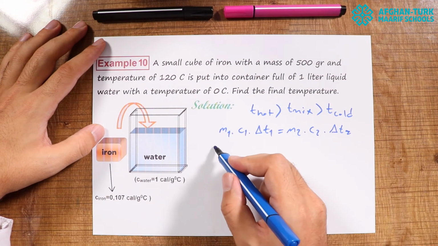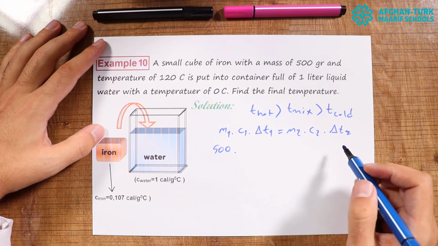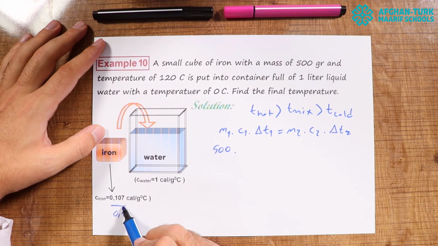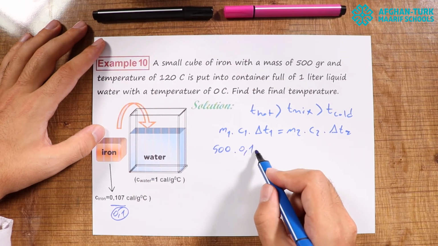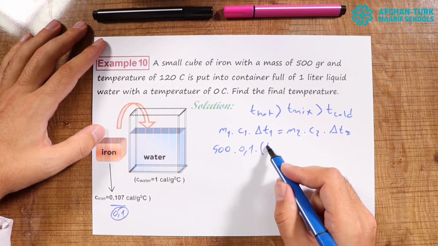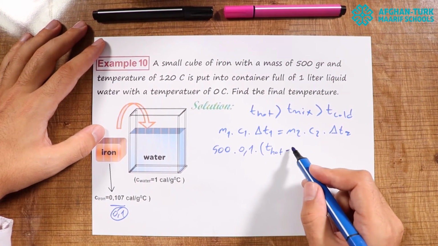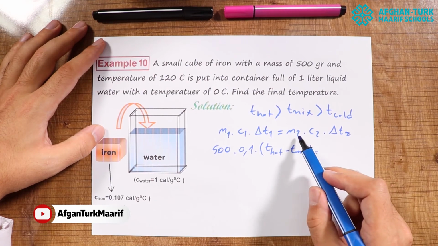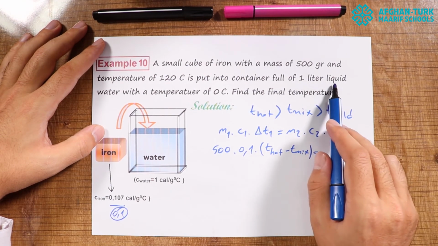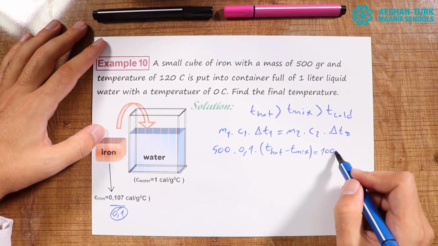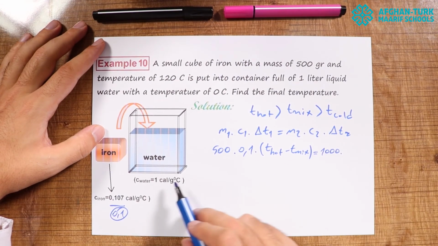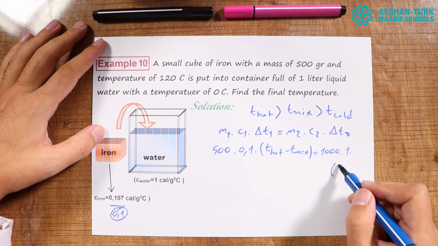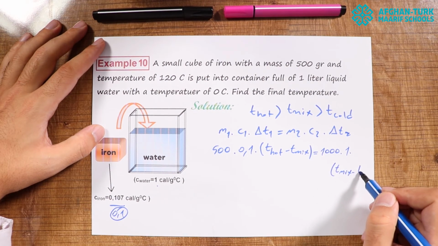And M1 is equal to 500 times C1, which is, let's say, just 0.1, times T hot minus T mix, and that's equal to M2, which is 1 liter, and that means 1000, times C2, which is equal to 1, times T mix minus T cold.